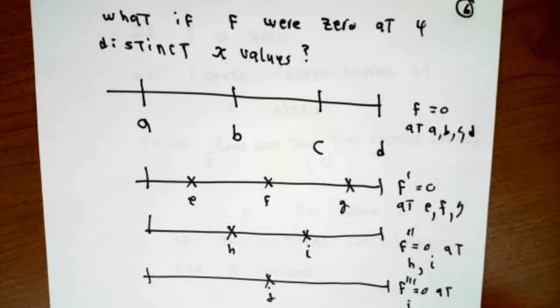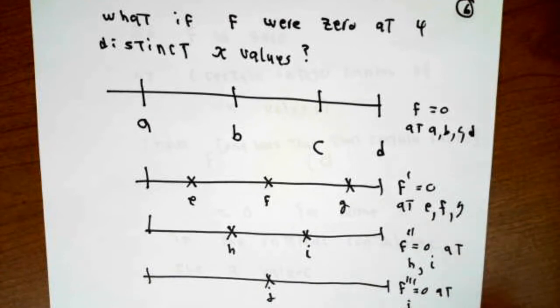What if f was 0 at 4 distinct x values, say a, b, c, and d? Rolle's theorem tells me there must be numbers e between a and b, f between b and c, and g between c and d, where the derivative of f is 0.